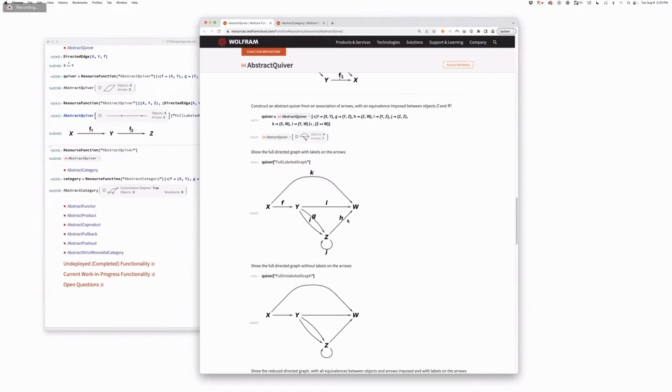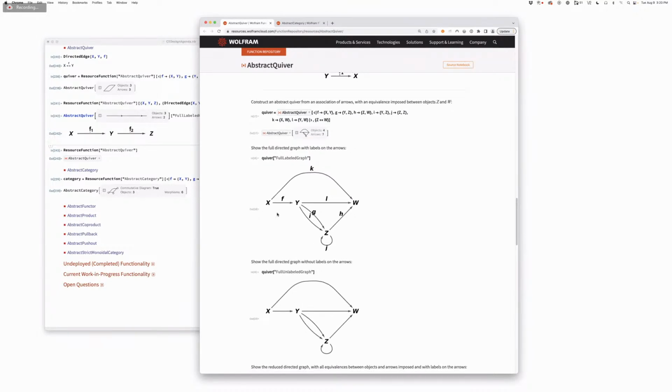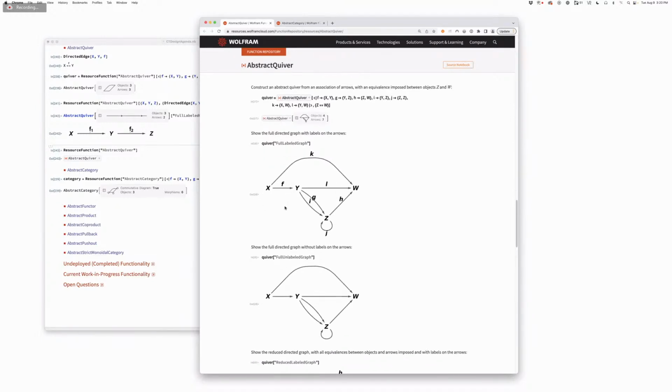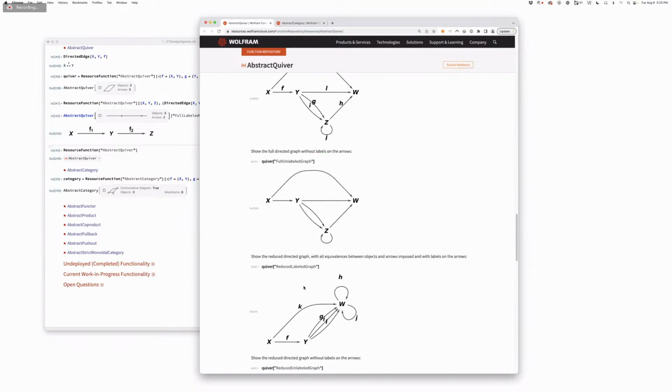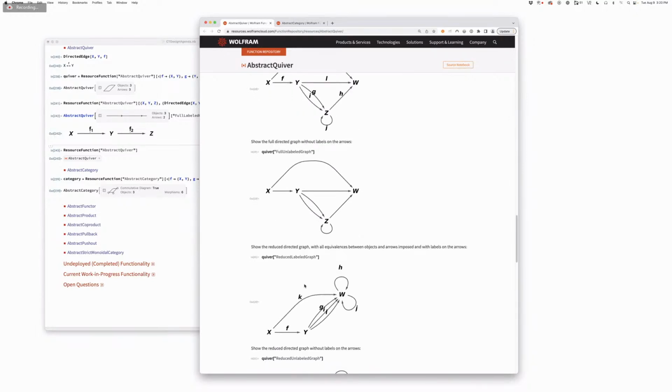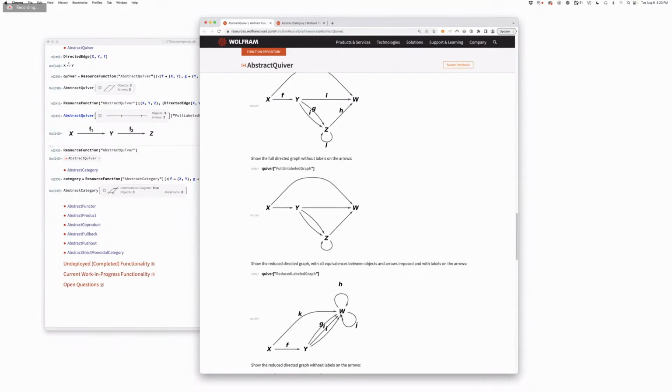And there is no guarantee. Okay, fine. All right. So now unlabeled graph, fine. Reduced labeled graph. Okay. So this is reduced with W and Z treated as equivalent. So those nodes have been collapsed into one node.